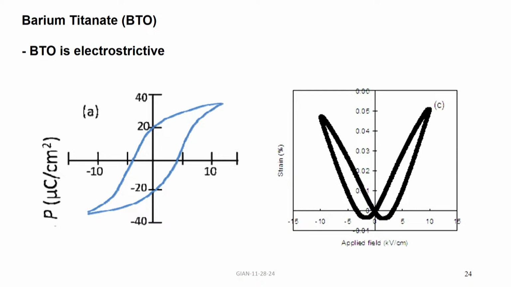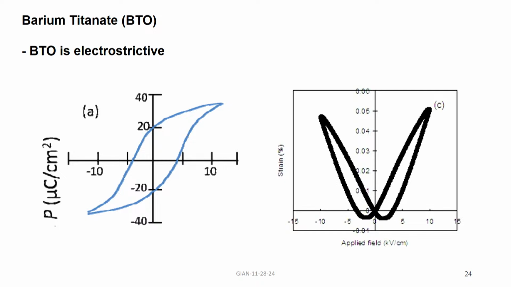And barium titanate is similar to what I just talked about on PZT. So the structure is cubic above Curie temperature. Below Curie temperature, it has a distorted structure. Titanium ions are displaced from the center, leading to a polarization. P versus E will look like this. It's similar to what you have for PZT.